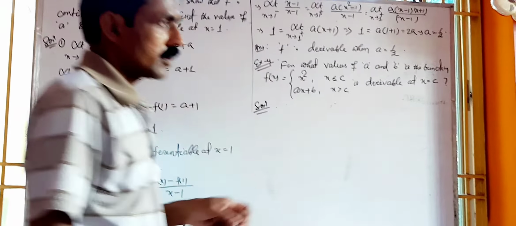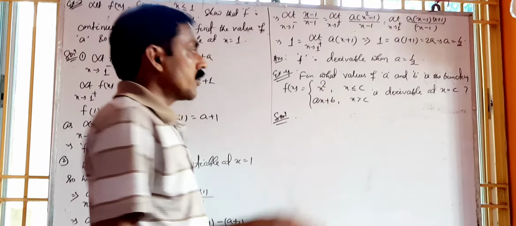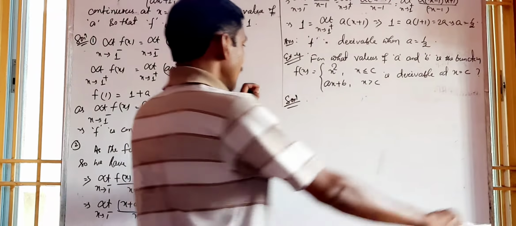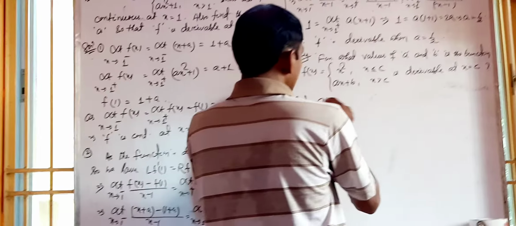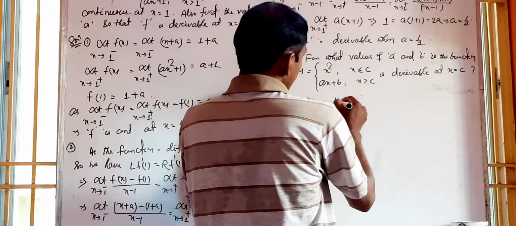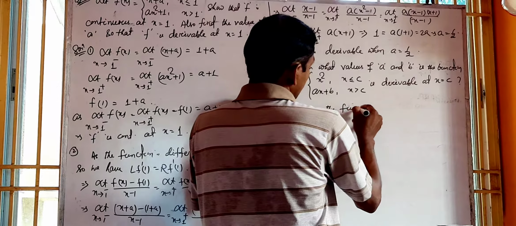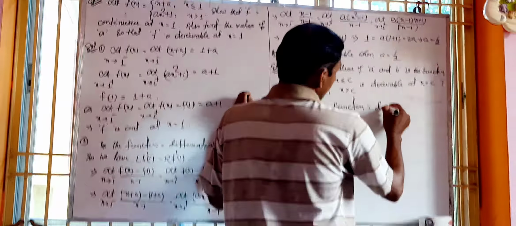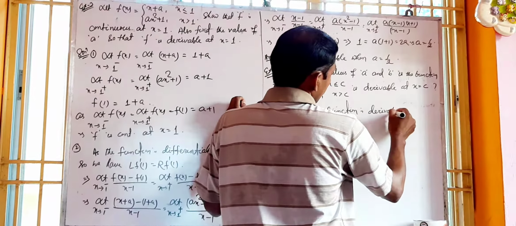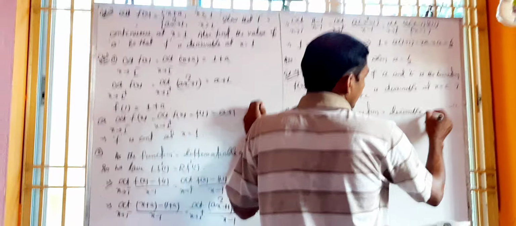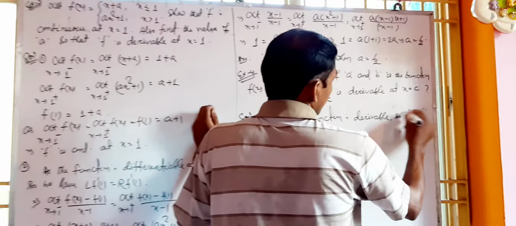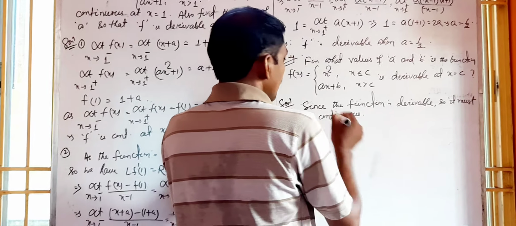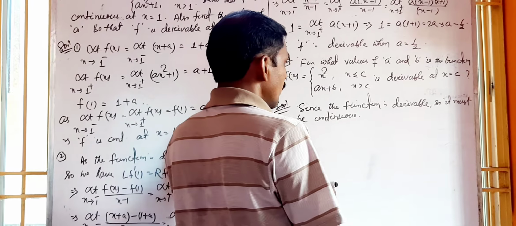So solution. First, it is given that it is differentiable. If it is differentiable, then it must be continuous. So first we write, since the function is differentiable, it is continuous.